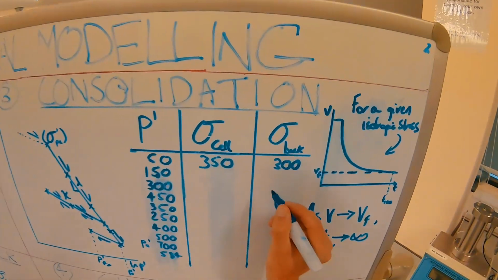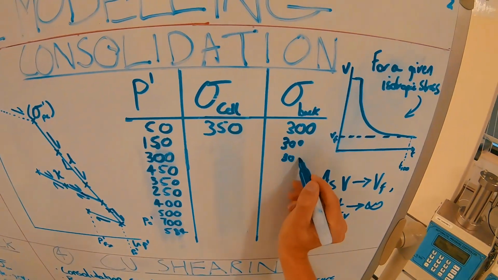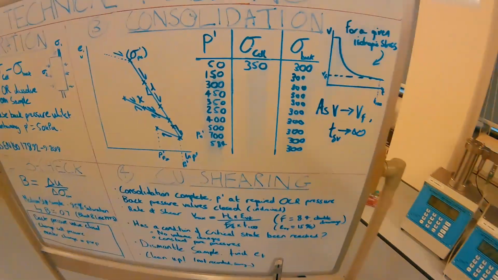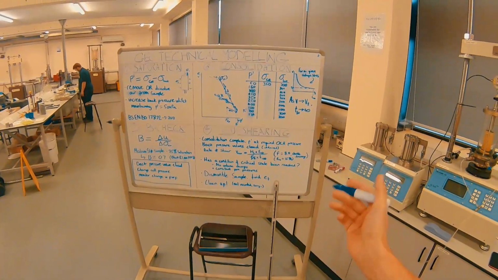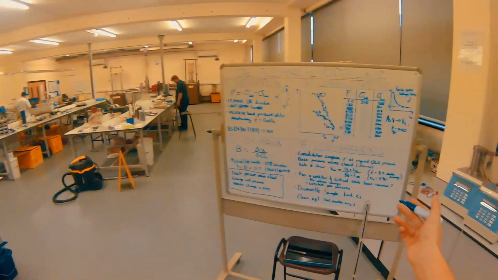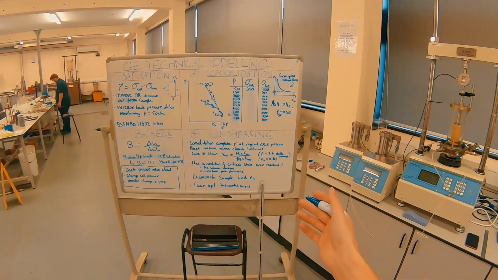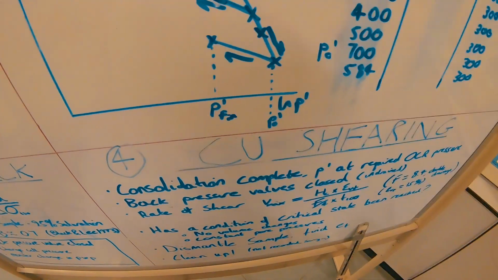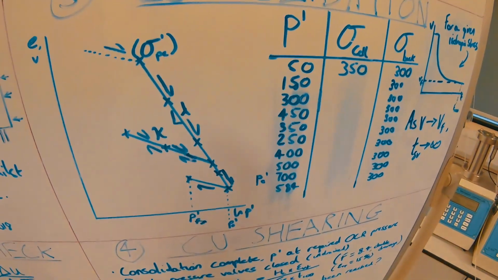So let me mark that on the board now. Okay, shoddily drawn, but you get the idea. We're going to keep our back pressure throughout the consolidation stages at 300 kilopascals. Now we need to calculate quickly what our cell pressures will be to arrive at our values of P'.